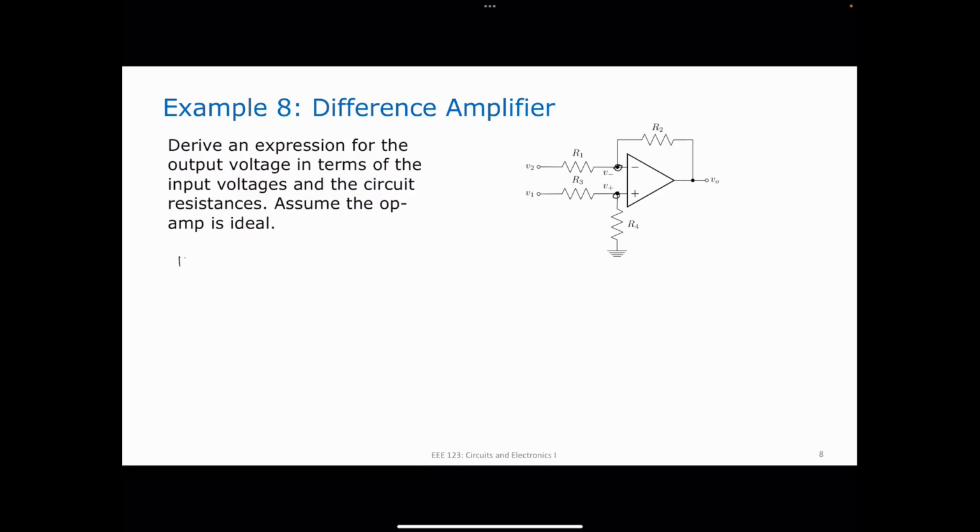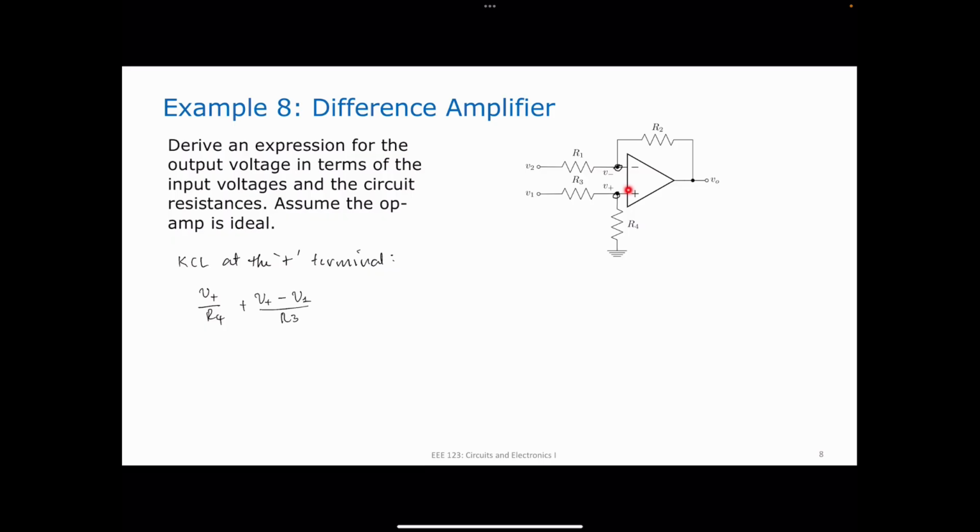So let's apply KCL at the plus terminal. Actually, you can also apply voltage divider, but let's just do KCL. So you have V plus over R4 plus (V plus minus V1) over R3.